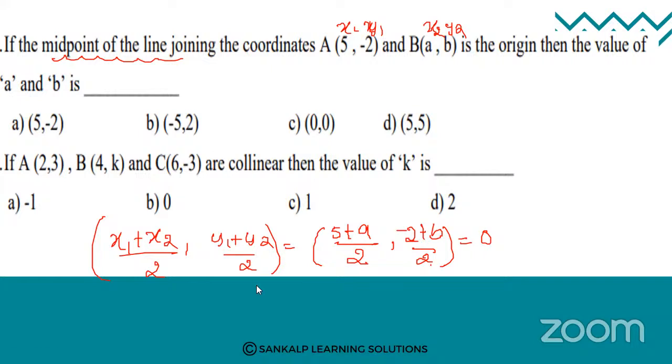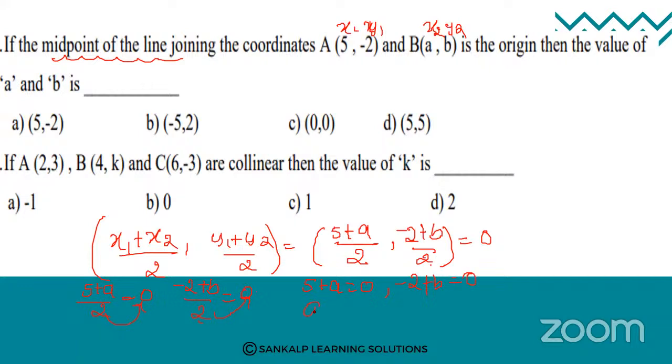Now we can write this as 5 plus a divided by 2 equal to 0, and minus 2 plus b divided by 2 equal to 0. Transfer this 2 to the other side. You will get 5 plus a equal to 0, because 0 into 2 is 0 only. And transferring this 2, 0 into 2 is 0 only, so minus 2 plus b equal to 0.